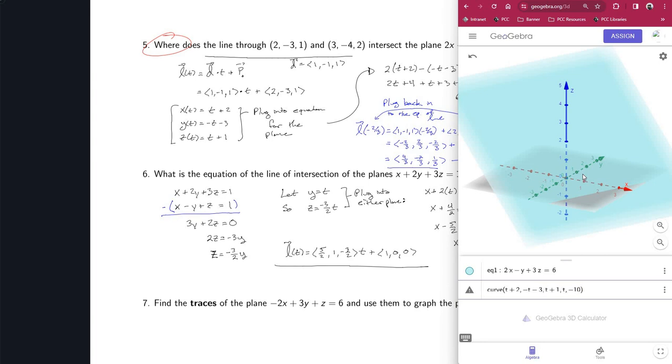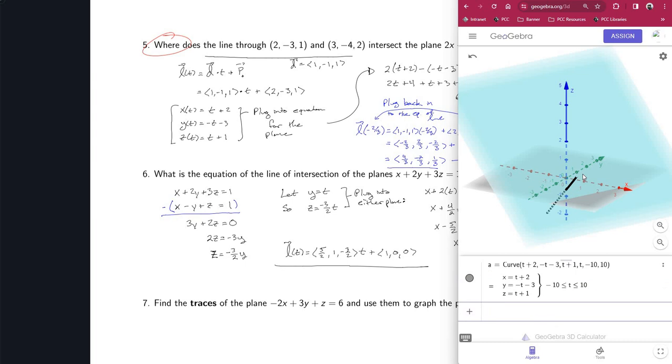T is our variable, negative 10 to 10 usually should do just fine here. Let's plot the 2 points given, (2, -3, 1) and (3, -4, 2).